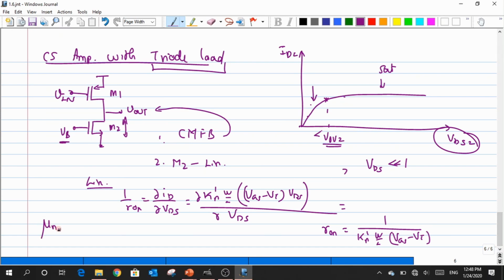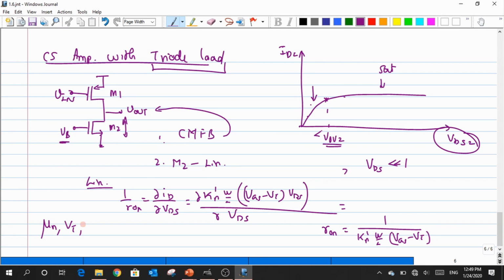The mobility, threshold voltage, all of these parameters in general vary with temperature. Also within the wafer itself there are variations, so I cannot precisely control those values. Say, for example, through this R on I need a resistance value of 20K.